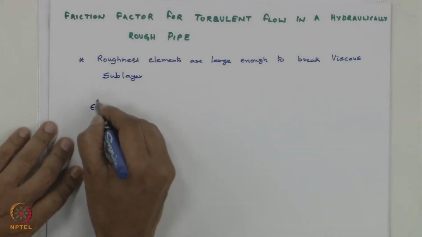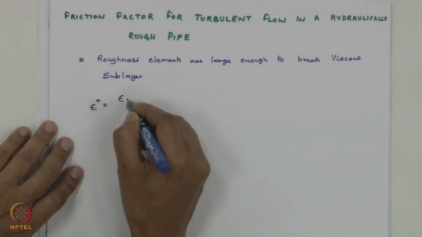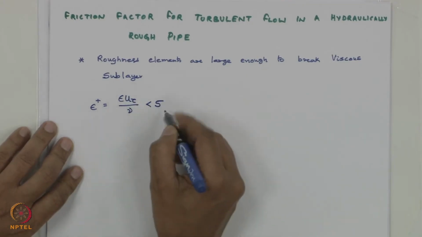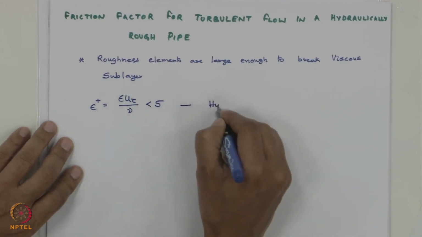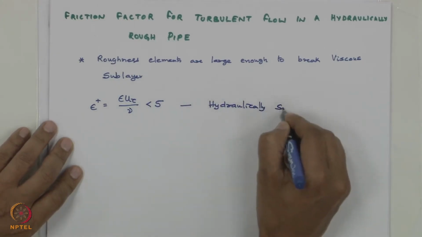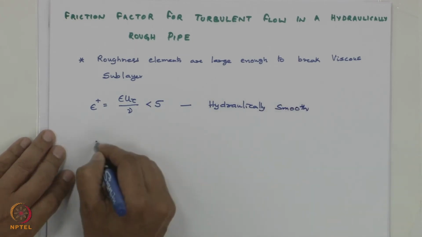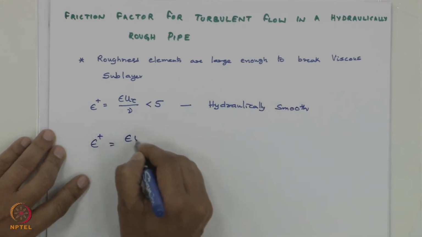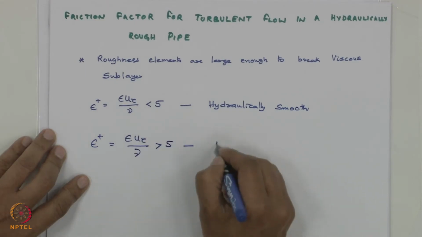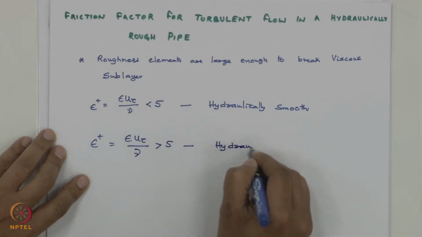I define epsilon plus equal to epsilon u tau by nu. If it is less than 5, then it is hydraulically smooth. If epsilon plus equal to epsilon u tau by nu is greater than 5, the pipe is said to be hydraulically rough.